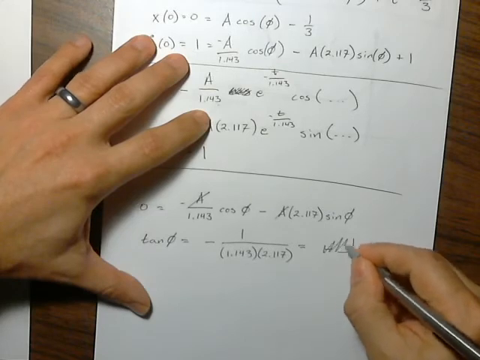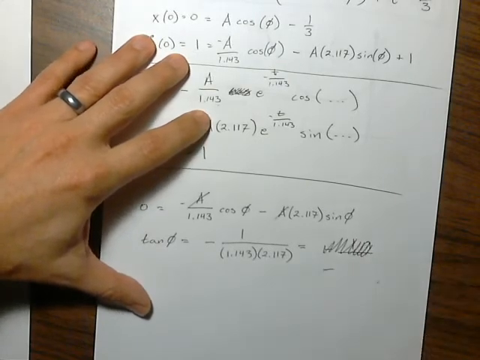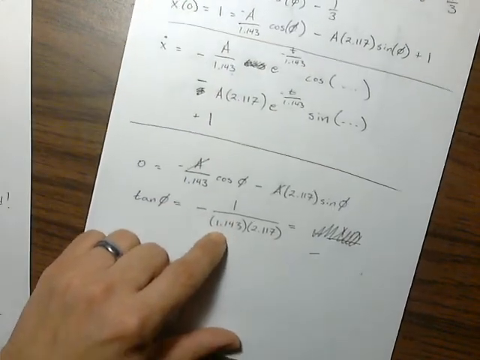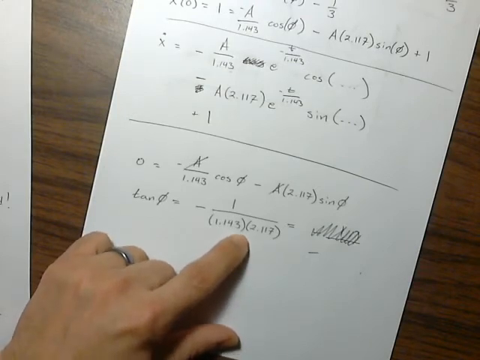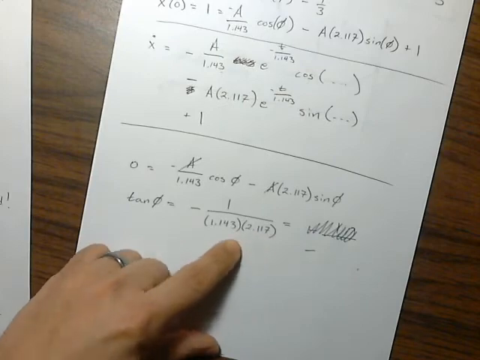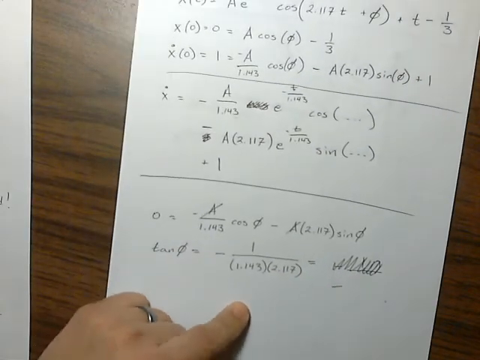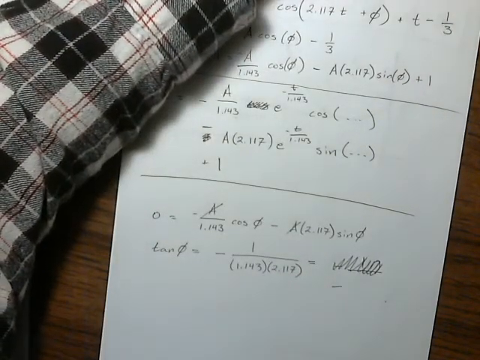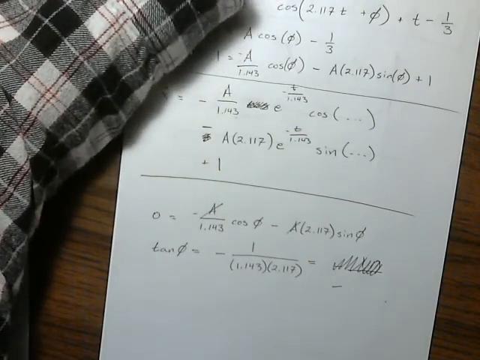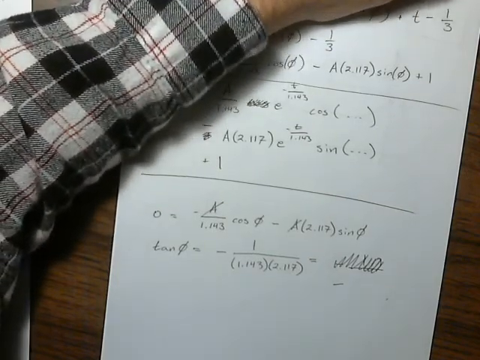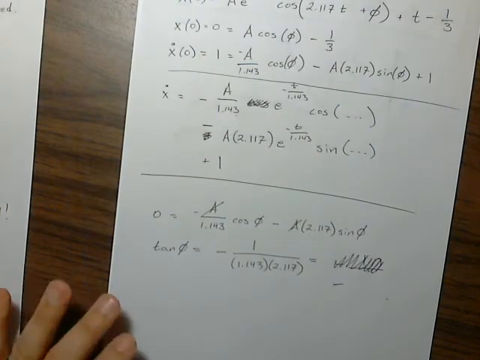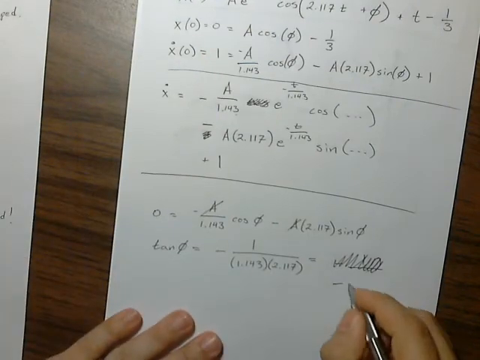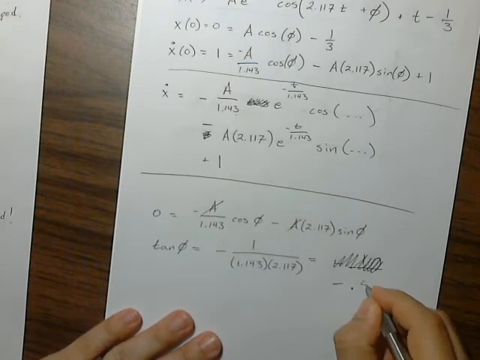Never mind, I'll just figure out the number. 1.143 times 2.117 is, all right, so the denominator is about 2.42. So this should be about 0.4, rather, 0.413.